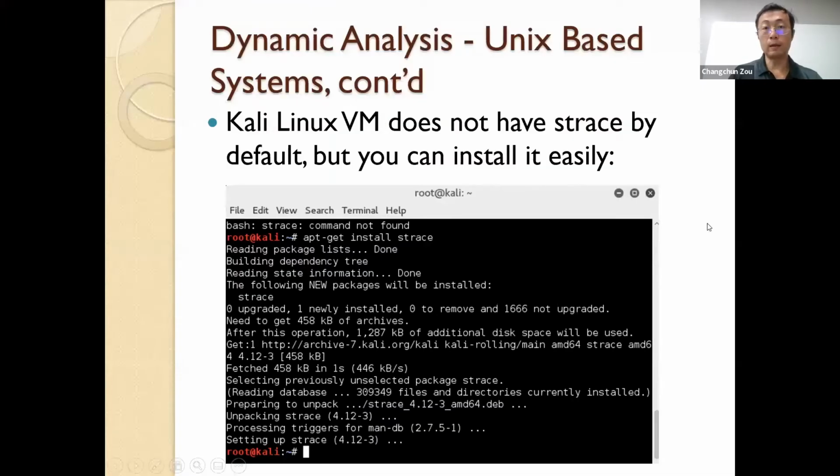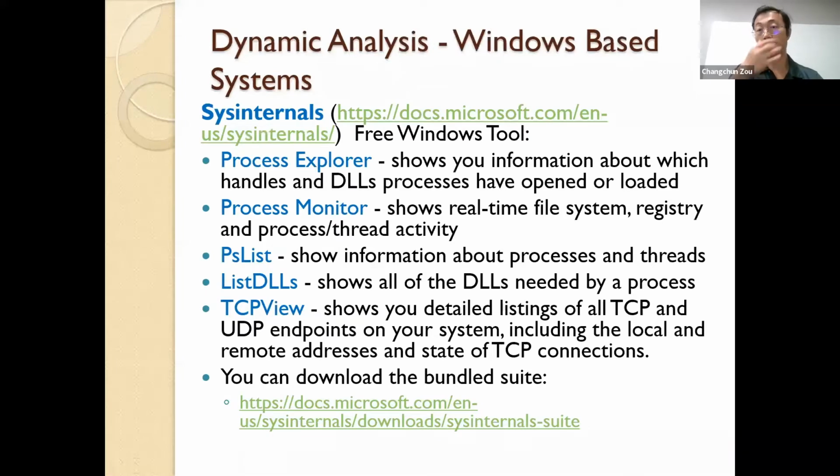Okay, so that's for Linux. For Windows, Microsoft has provided a suite, basically a bunch of free small Windows programs, called Sysinternals. And you can download it from this page.